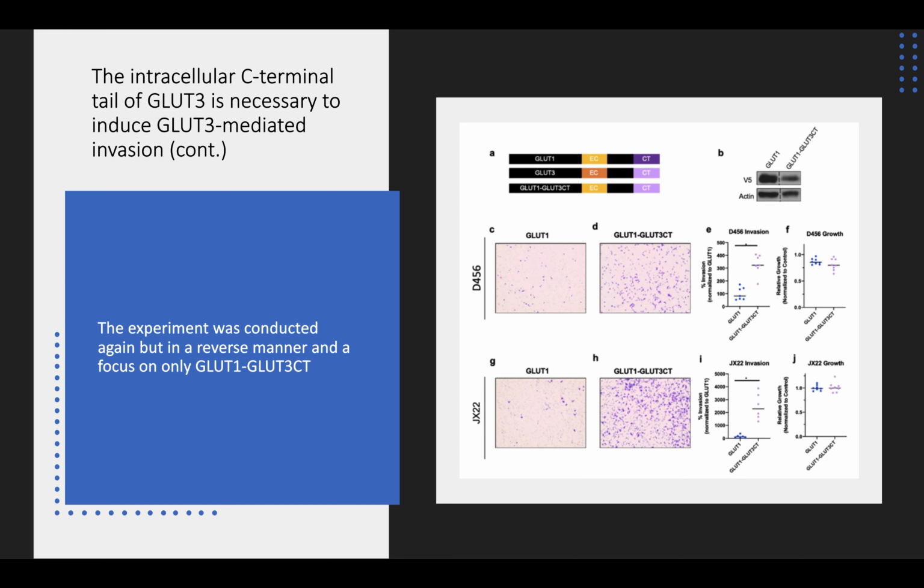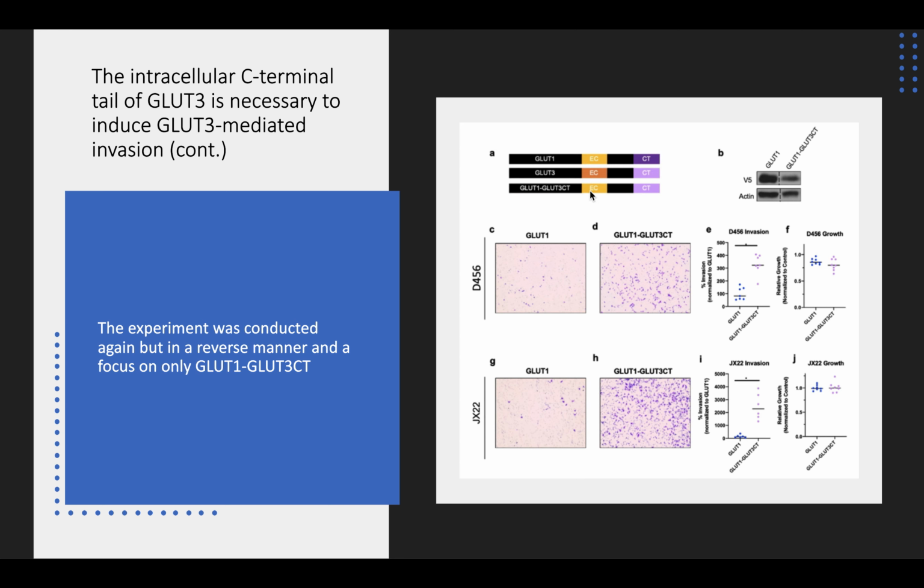So the experiment that was conducted again, but in reverse manner, and a focus on only GLUT1 GLUT3 CT. So the procedures stayed the same, but instead of focusing on GLUT3 and having GLUT3 have the features of GLUT1, it's the reverse.